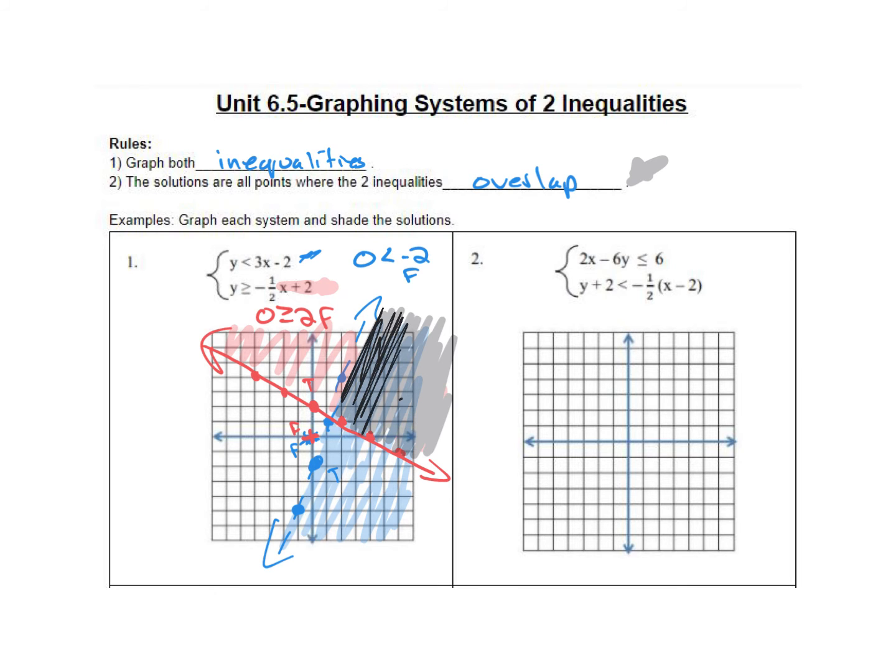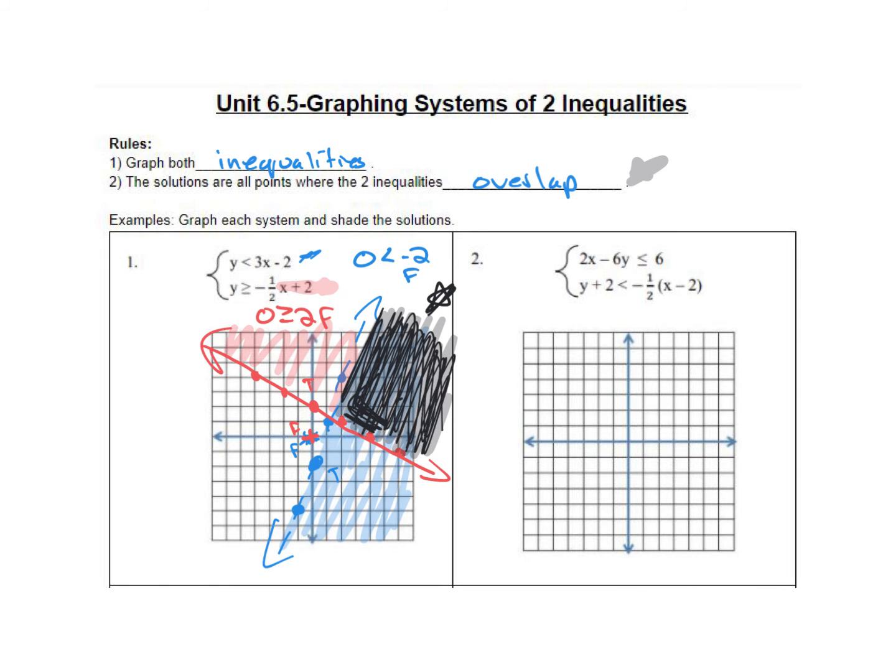We want to make sure that that is nice and dark, darker than the rest of the spots. Some people like to erase these other sections down here, the red and blue, but no matter what you do, we need to make sure this is our solution area.